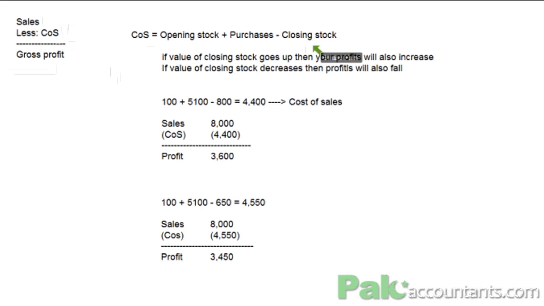Clear? That's what I'm saying: there is a direct relation between the valuation of stock and the profits of the business. So now, understanding that an increase or decrease in the value of stock hits the amount of profits in your business directly, let's understand how your valuation techniques can affect the value of your profits.